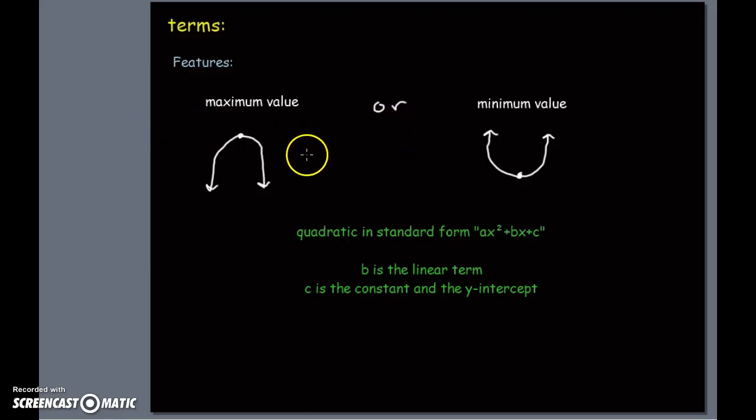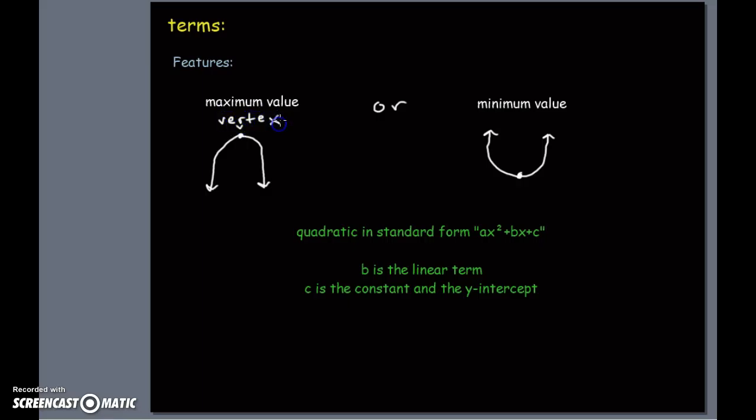With quadratics, you'll either have a quadratic that has a maximum value or a minimum value. You can tell it has a maximum value when the quadratic is opening down. The highest point is the most maximum point, and this point actually has a name for quadratics. We call this point the vertex. This is the vertex of the quadratic.